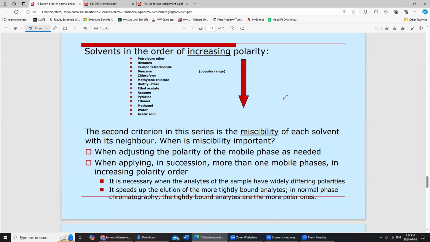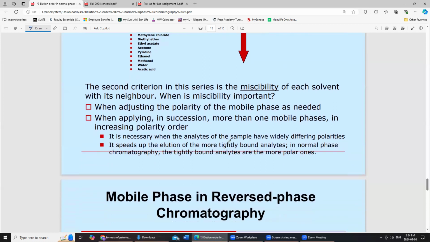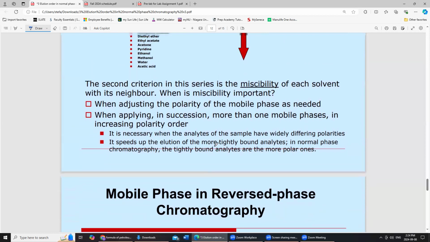If they don't mix, like water and oil, oil would be very nonpolar and water is very polar, they don't mix. But water and methanol, or water and ethanol, would be very miscible. So yes, it is necessary, because you want things with widely different polarities to be able to mix together. The miscibility will allow you to get the more tightly bound analytes off easier.